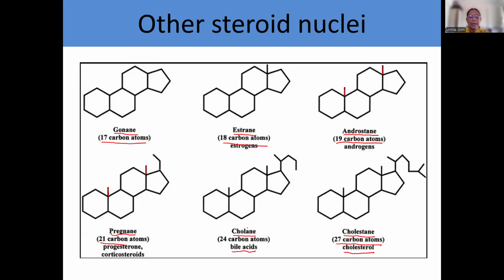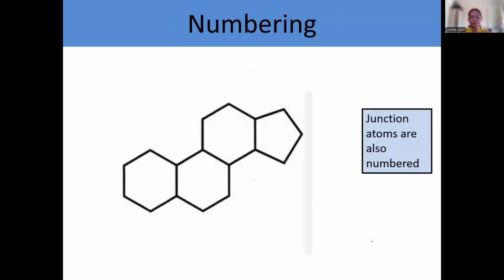If you look at the cholane structure, the extension of the cholane structure by 3 carbons gives rise to the cholestane structure. I hope everybody has understood. C17 is gonane, C18 is estrane, C19 is androstane, C21 is pregnane, C24 is cholane, and C27 is cholestane.